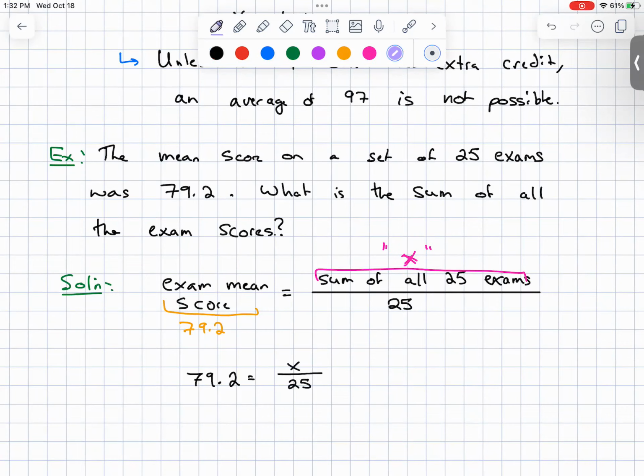And we'll rewrite this as 79.2 over 1 so we can cross multiply and get that X is equal to 79.2 times 25, which ends up being 1980.